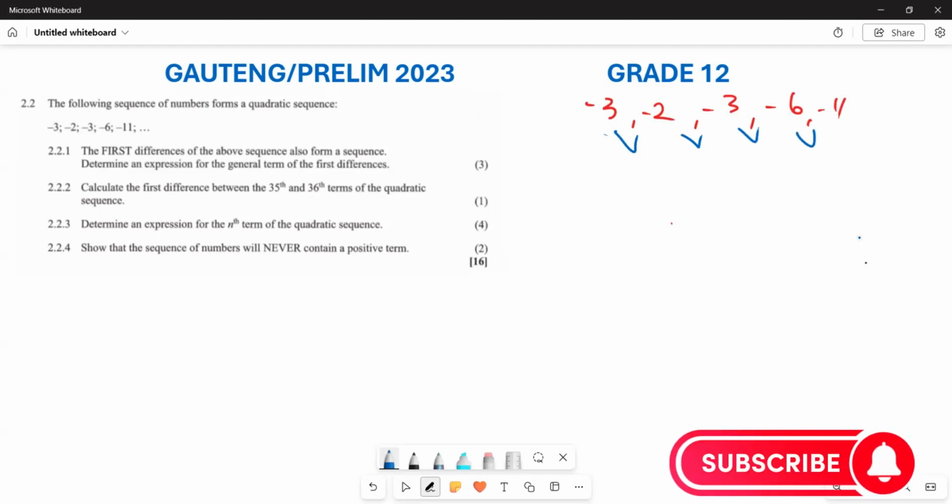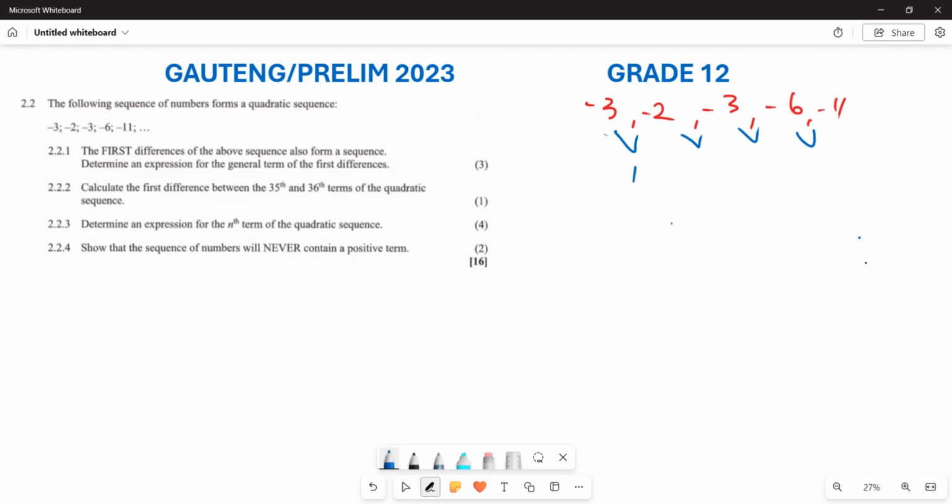The first difference is given by: when you say -3 subtract -2, this is same as 1, this is -1, this is -3, and this is -5. So basically we know that the first difference of our quadratic sequence forms an arithmetic sequence, right? So the 1, -1, -3, and -5 is an arithmetic sequence.